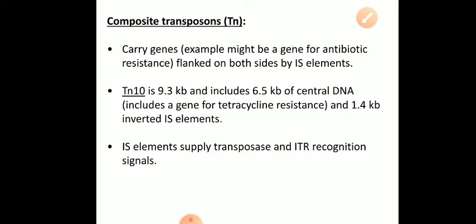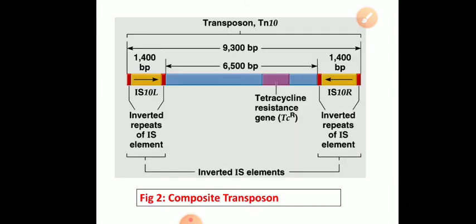So every transposon should have a transposase gene and inverted terminal repeats. Here the IS elements flank both ends. The complete IS element is present at the right terminal end and left terminal end, and in the center the antibiotic resistance marker gene is present in the composite transposon.